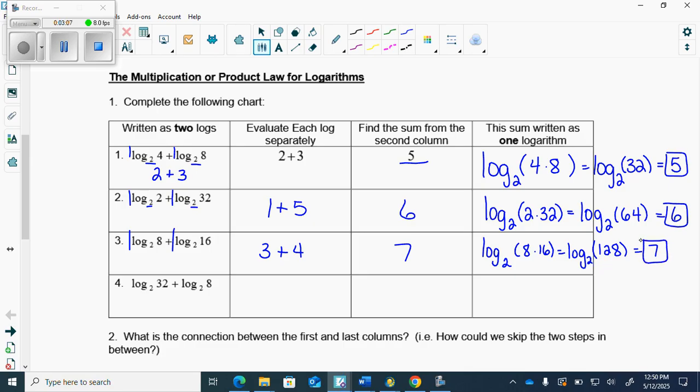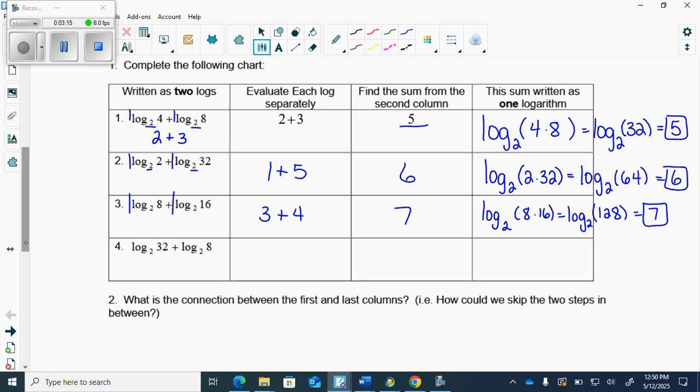So it just shows that we can actually put them together that way. Then here I have 5 plus 3, which is 8. And then I get log base 2 of 32 times 8, which is log base 2 of 256, which the answer to that is 8. So it shows that these work.